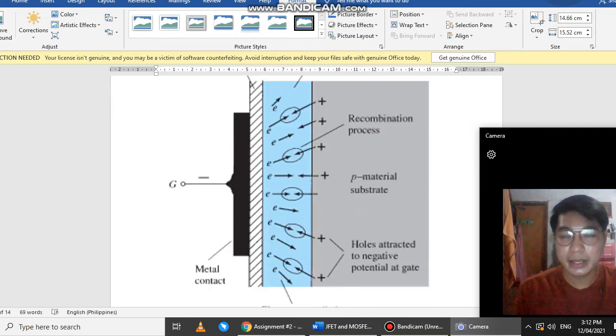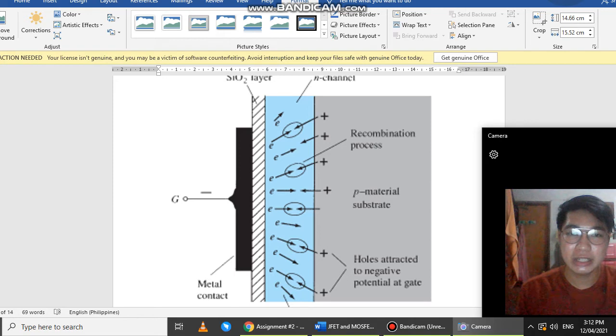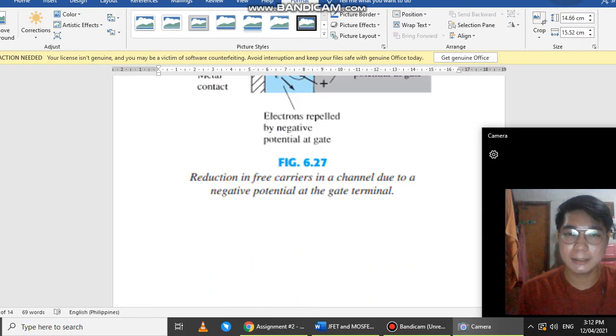But when we apply a negative charge on the gate, there is what we call a recombination process of both the P material holes and the electrons, and there is still an electron flow on it.